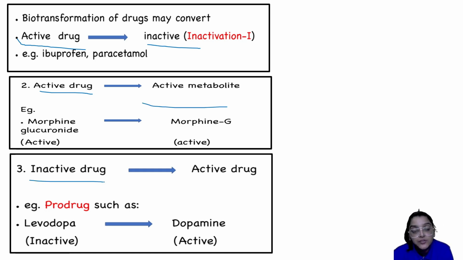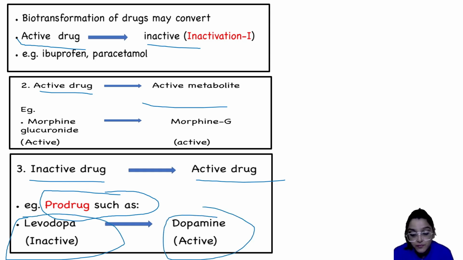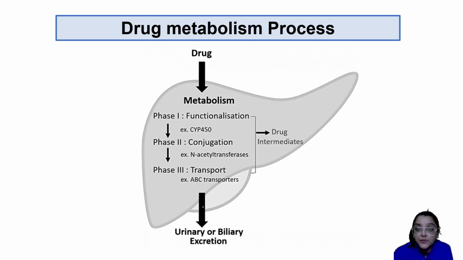The inactive drug into an active metabolite is termed the pro-drug approach, whereby after the metabolism of the drug, the metabolites get even more active and produce better therapeutic effects than the actual parent compound. The example of the same will be levodopa, an inactive form converted into dopamine after the biotransformation.